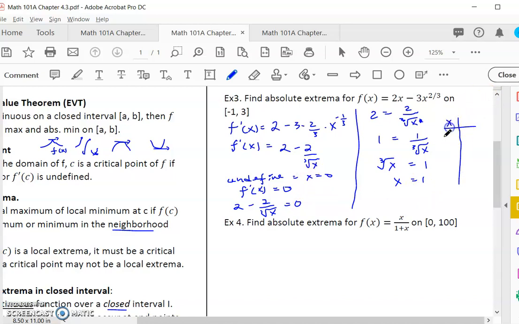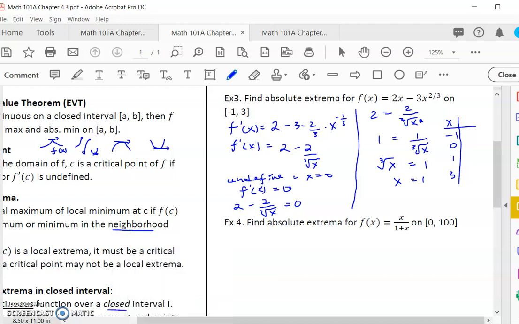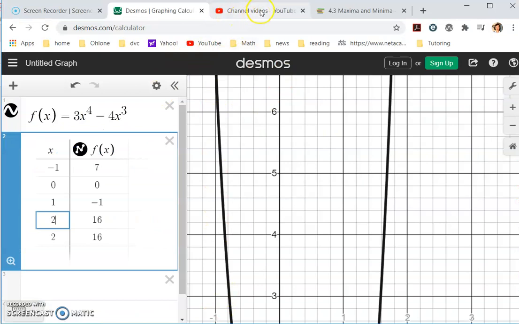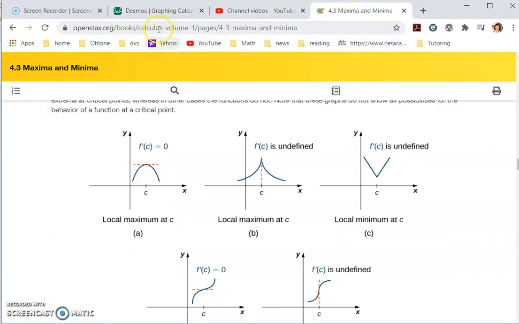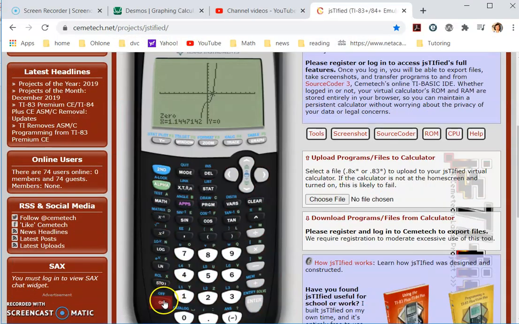So our x boundary is -1 and 3. The two numbers in between are 0 and 1. So let's use a calculator to do, what is it? 2x minus, oh gosh, I need to write down. Can't remember that. Is it 2x minus 3x^(2/3)? So maybe I'll try to show it to you with the calculator. Turn it on, clear it first.